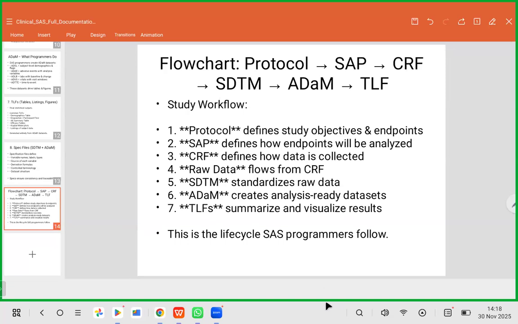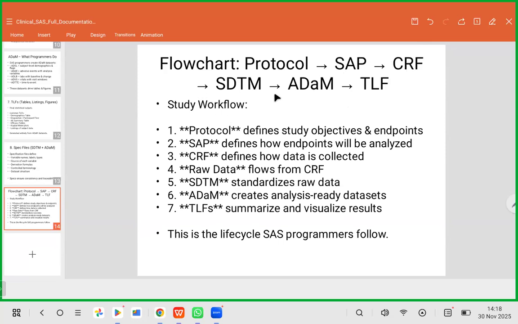Based on that analysis, the SAS programmer will develop safety tables, efficacy tables, and demographic tables. So this chart is the general workflow. First the protocol and SAP, and then the pharma company collects the data using the case report form. After that, they will develop different types of tables: safety, efficacy, and pharmacokinetics tables.